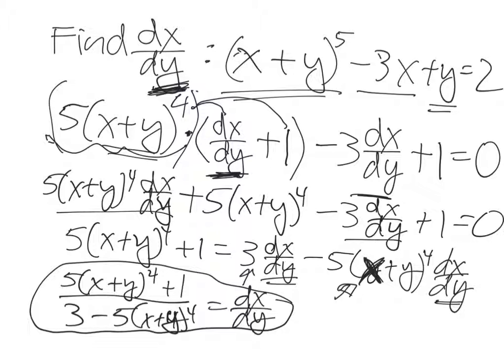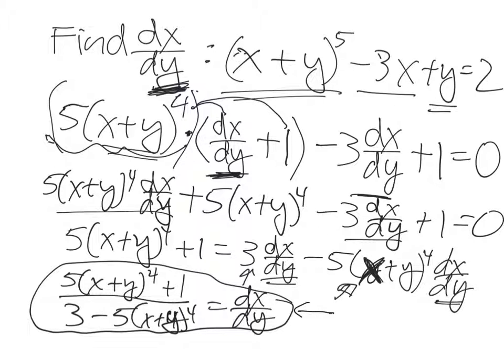Now from here, actually, I was going to say from here we may use this to find the slope of the tangent line. If you're asked to find the slope of the tangent line or the equation of the tangent line, it's not going to be dx by dy. Slope of the tangent line means dy by dx.